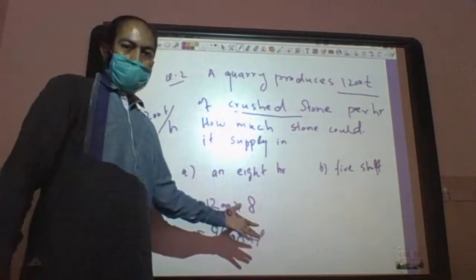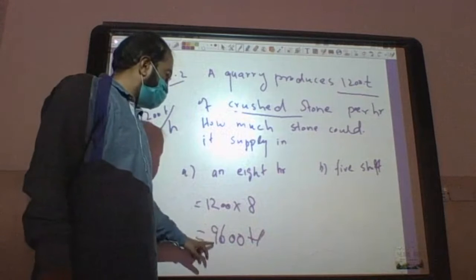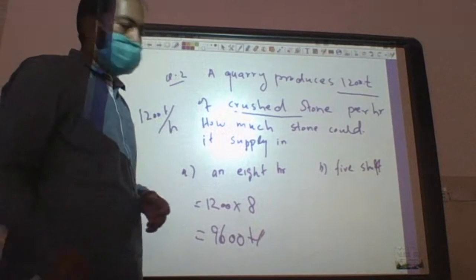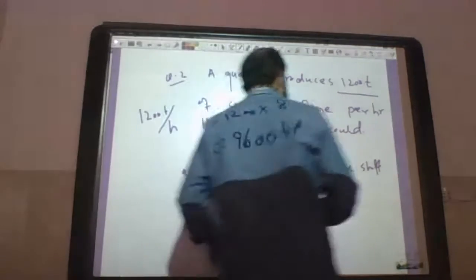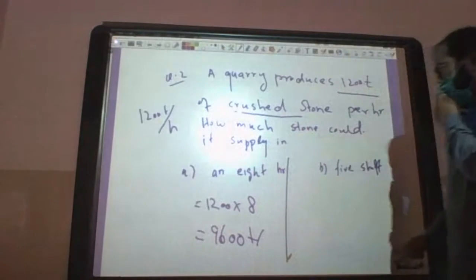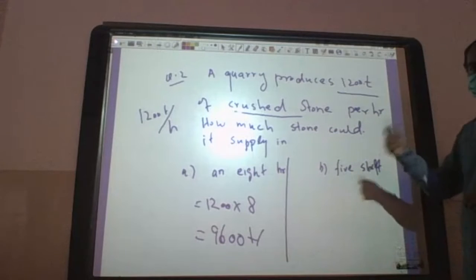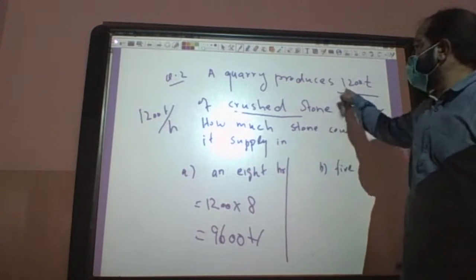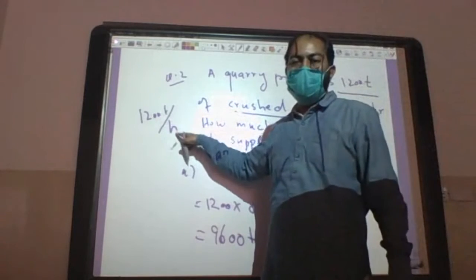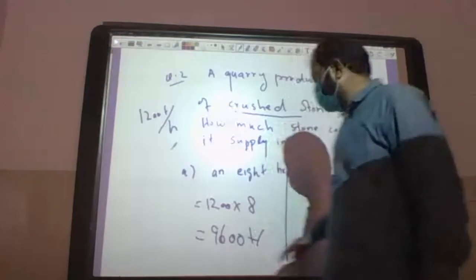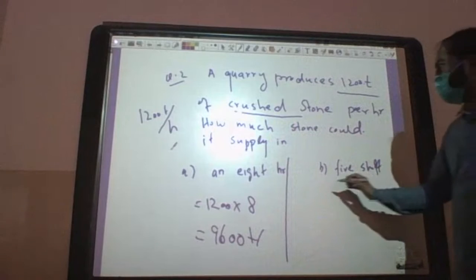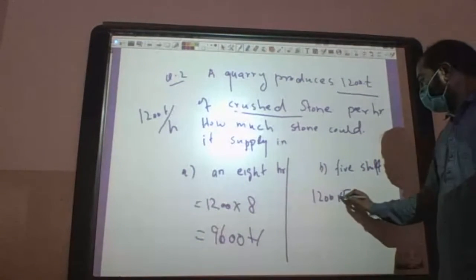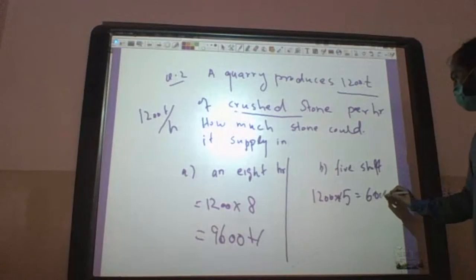Actually in 8 hours we have to calculate, so the total in 8 hours will give you 9600 tons of crushed stone. Now for the 5-hour shift, because this is per hour, I will simply multiply by the number of hours, 5. So 1200 times 5 will give you 6000.